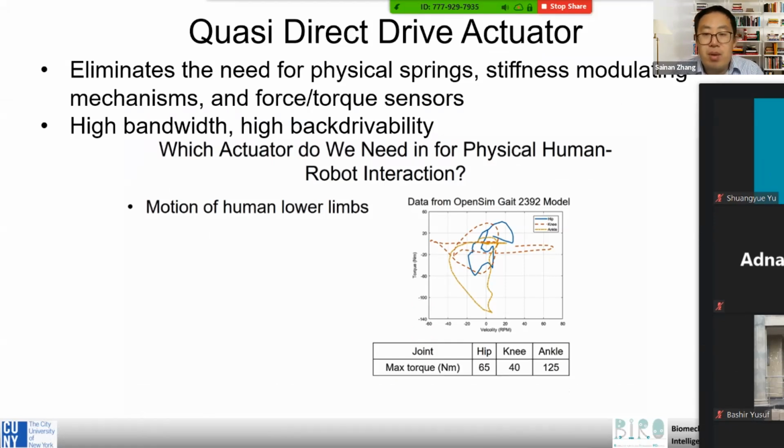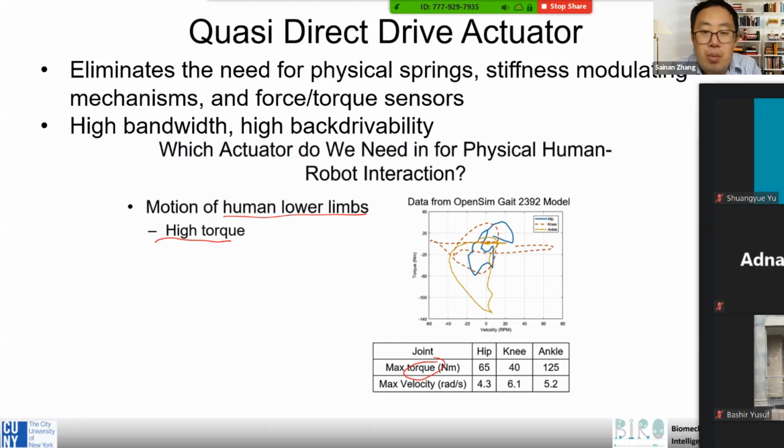Human joints require high torque at low speed, while the motor can generate much higher speed than a human requires.